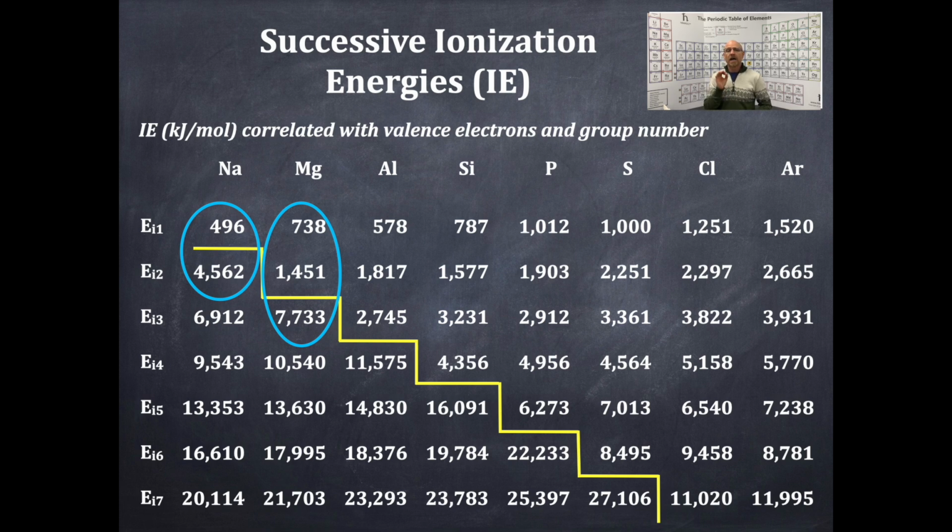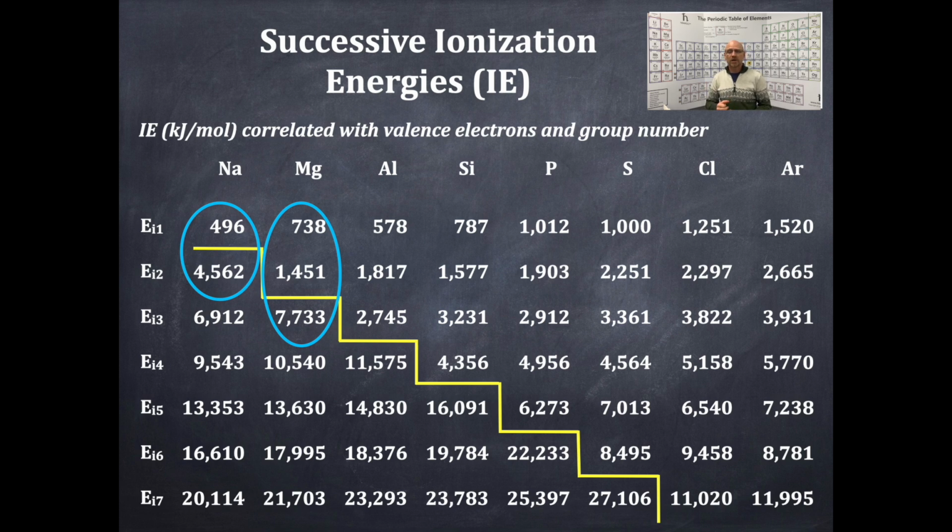So, sequential ionization energies. The first ionization energy for magnesium is 738 kilojoules per mole. That's pretty easy. The second one is 1,451. You might think, gosh, that's double the first one, but it's still a valence electron. It's an increase, and there are reasons for that.